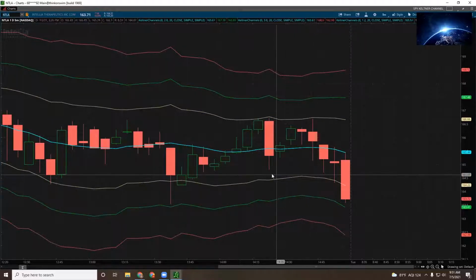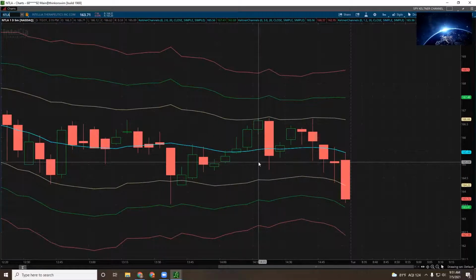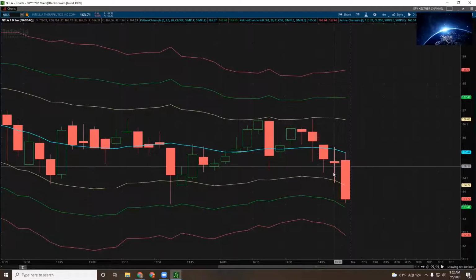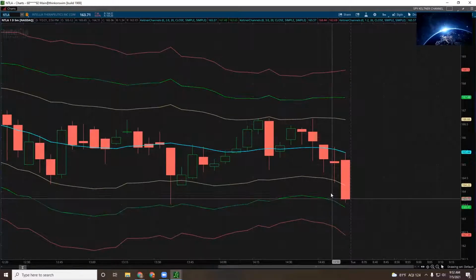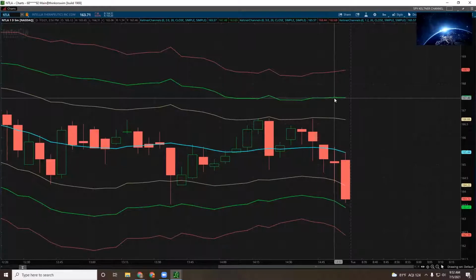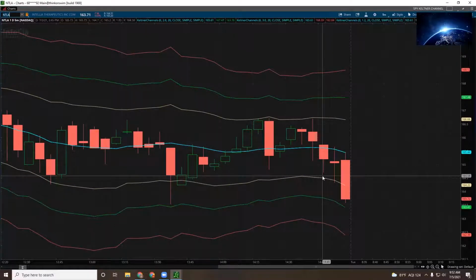So since, assuming NTLA is bullish and it's been bullish for the week, I am going to sell a put, saying my assumption would be that NTLA will not fall below its 2 average true range. So I'm essentially bullish, but I will be selling a put based on the average true range.